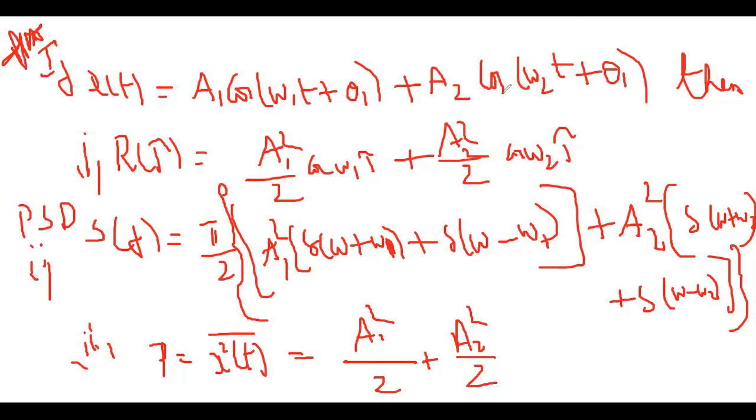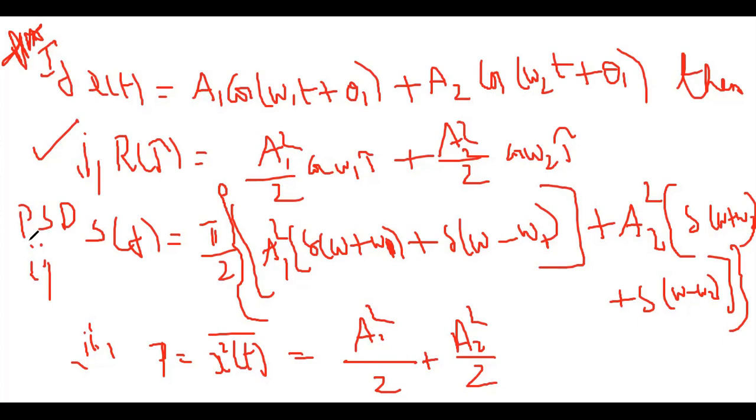Similarly, the second one is a2 cos omega 2 t plus theta 1, that is a2 square by 2 cos omega 2 tau. Okay, I already explained this one. So the first one we already discussed in the last class.